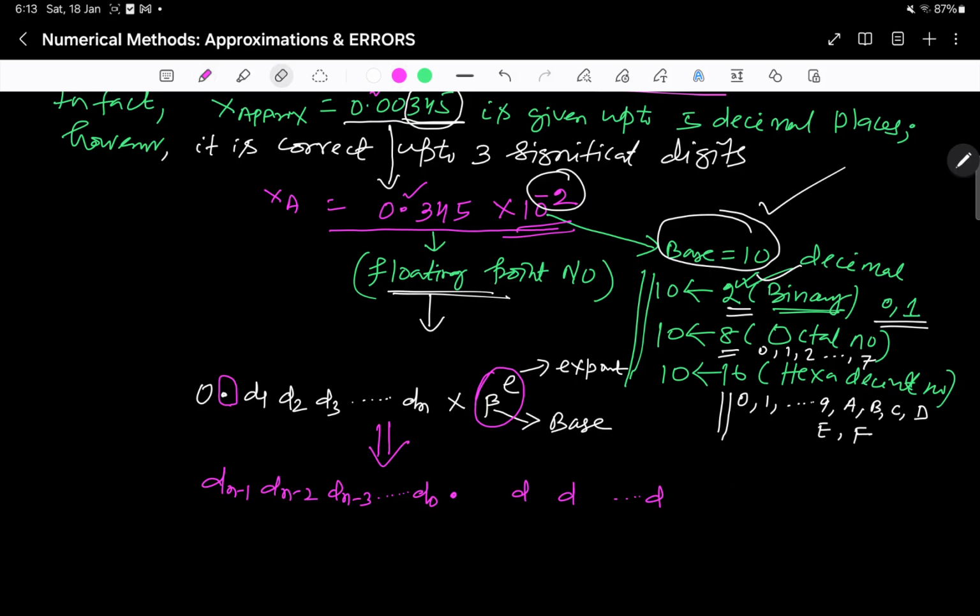It should be d1, d2, d3, okay, up to dn, right?